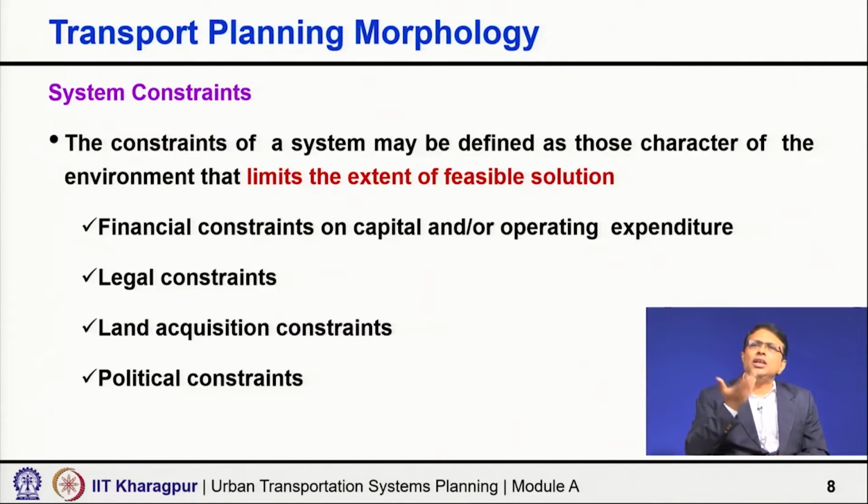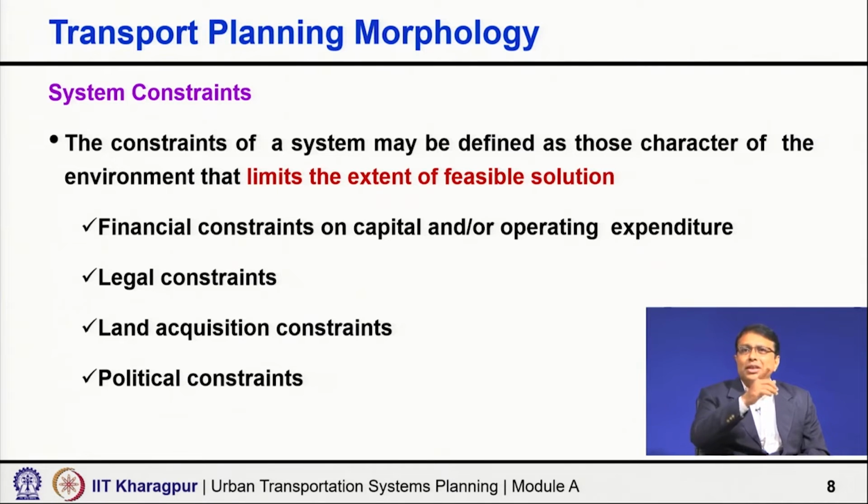Similarly, we must know the legal constraints. There are many issues related to transport. How much is legally permitted, because otherwise you will try to recommend something, do something, and tomorrow people will go to the court and get a stay order, finished, you cannot do anything then, because the case will continue, people have the right to go for a legal battle.